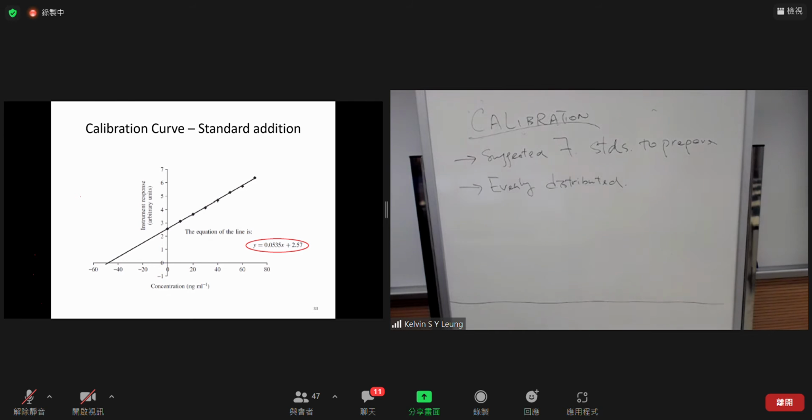Then you need to consider establishing the standard addition when you perform the calibration curve. When you perform the studies of your analytes, you will know more about it, okay? And then you choose the appropriate one when you establish the calibration curve.